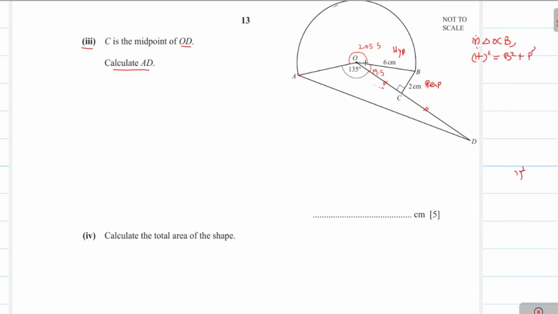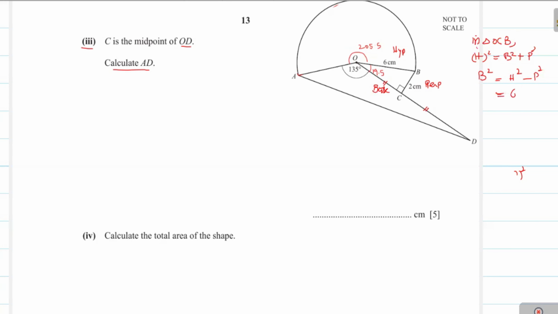The side opposite to this 90-degree angle is called the hypotenuse, and CB length we name as perpendicular, and suppose this length OC is base.